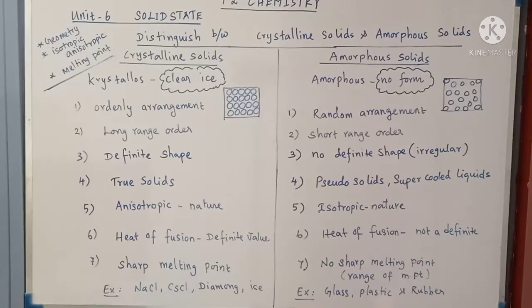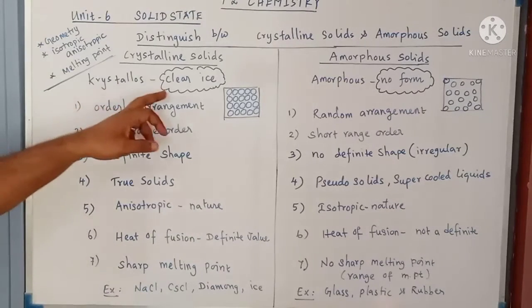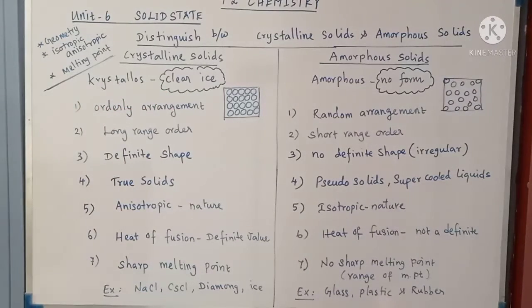Actually, these two terms, crystalline and amorphous, are derived from the Greek language. In Greek, crystallos means clear ice, which means that most of the crystalline solids look like clear ice. That's why they give the term crystalline solid.